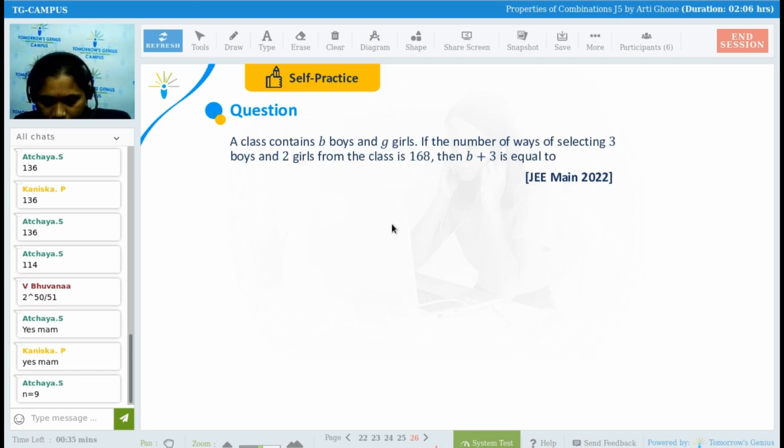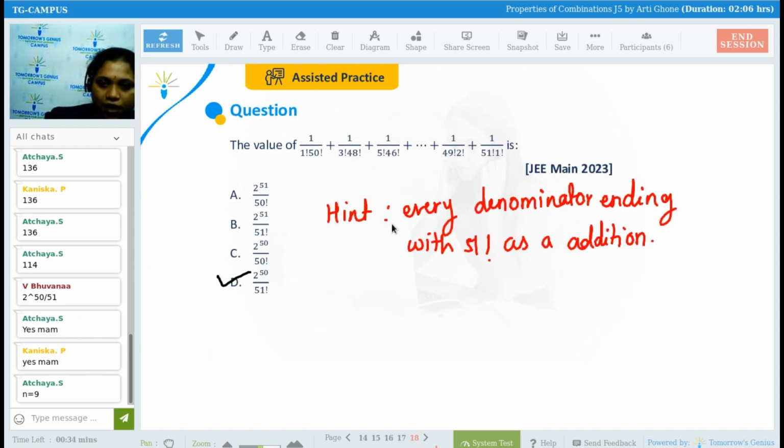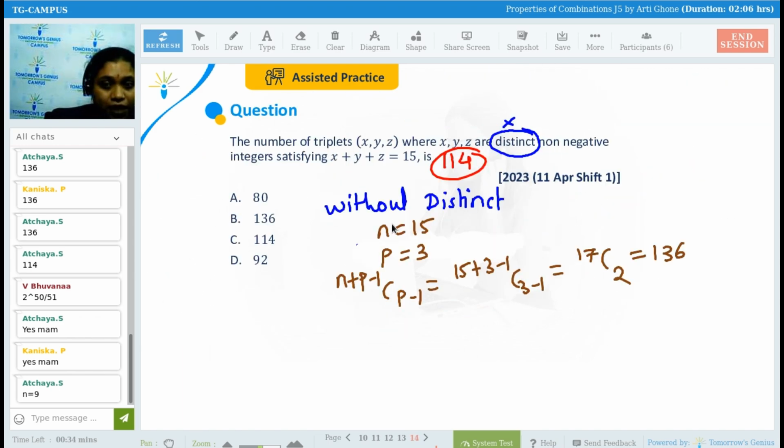What is the excluded case over here? That's why we are not taking the p minus 1. The total number of positive integral solutions: here there is the word positive. I was trying to tell you this in the first question as well. There are many cases that arise over the number.